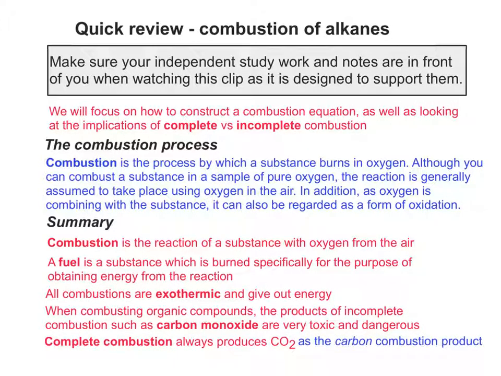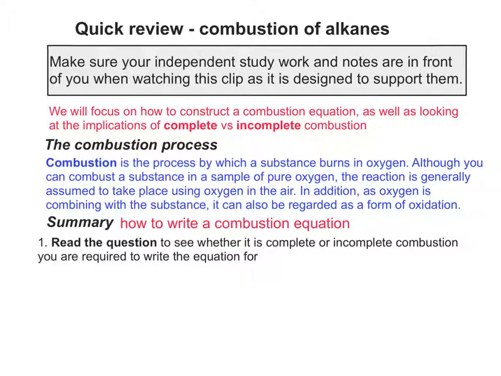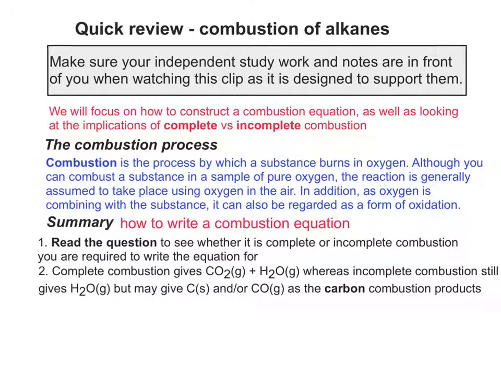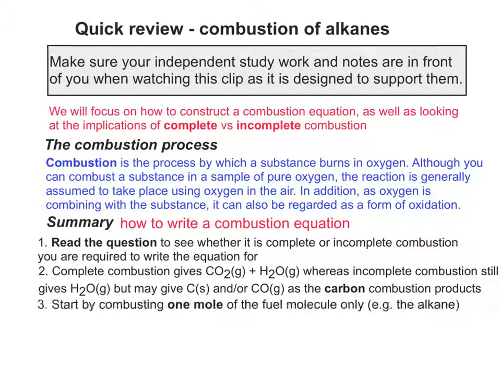So let's now summarise very briefly the technique for writing a combustion equation. The first thing to do is to read the question to see whether it's complete or incomplete combustion you're supposed to write the equation for. Complete combustion gives carbon dioxide and water, whereas incomplete combustion always gives water but may give carbon as a solid or carbon monoxide gas as the combustion products.